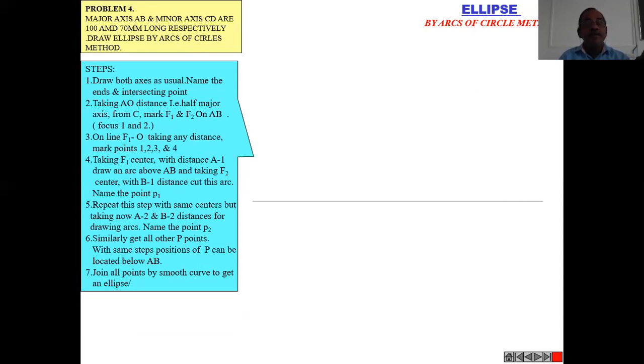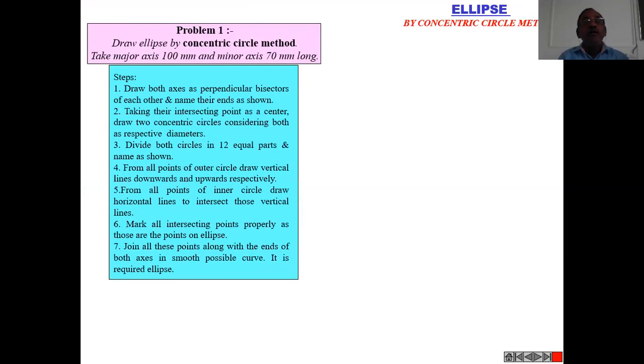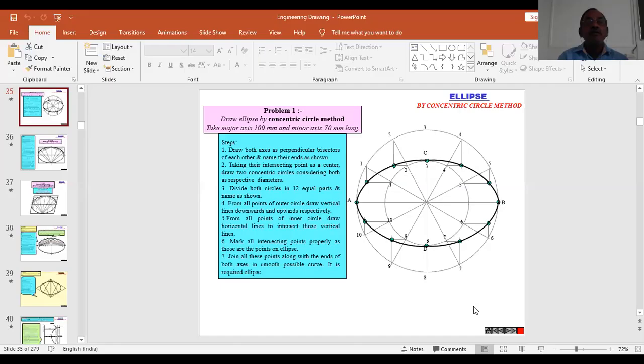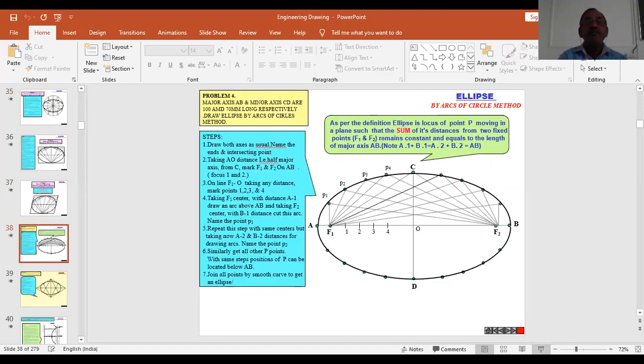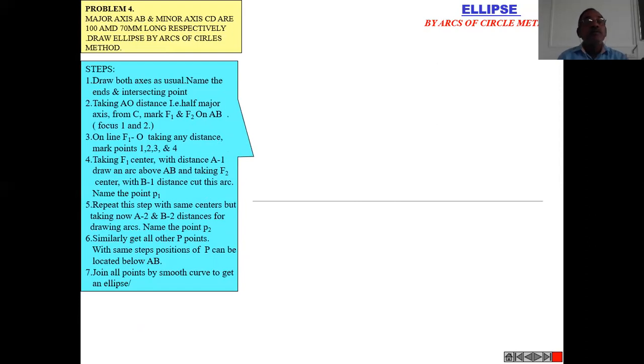Here one thing is tricky. In order to follow this arcs of circles method, we actually require two parameters. One is the two fixed points, namely the distance between the foci.